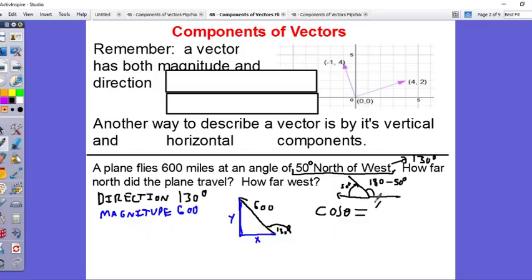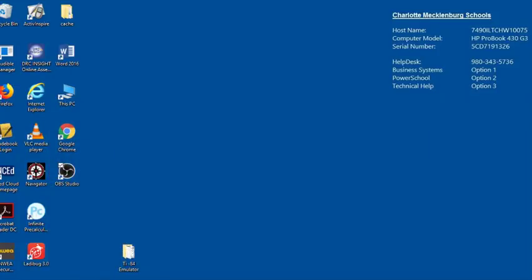So x over 600, which is the hypotenuse. So 600 times the cosine of theta is equal to x. And 600 times the sine of theta is equal to y.